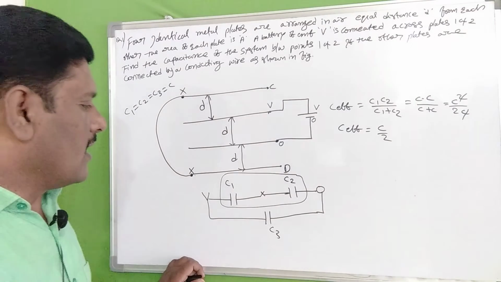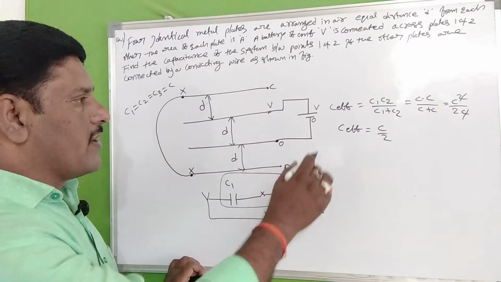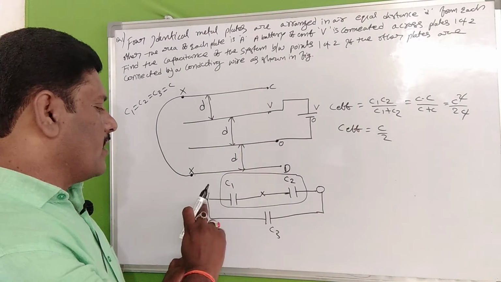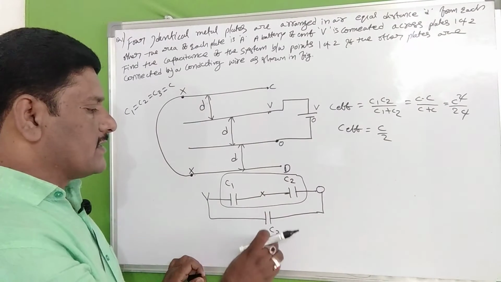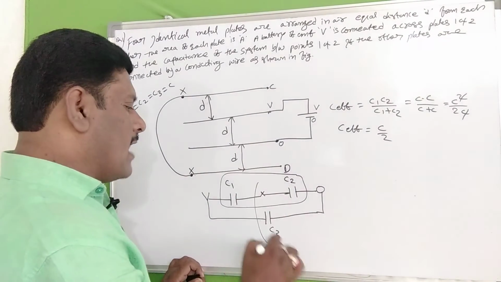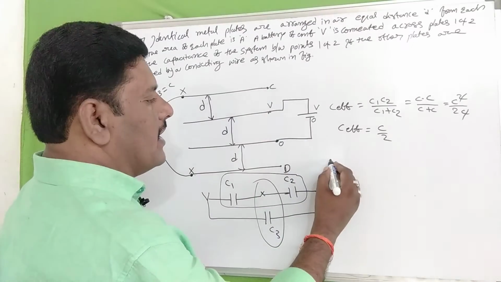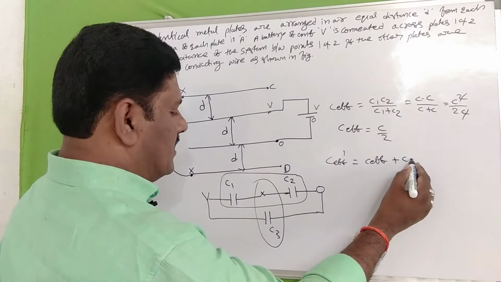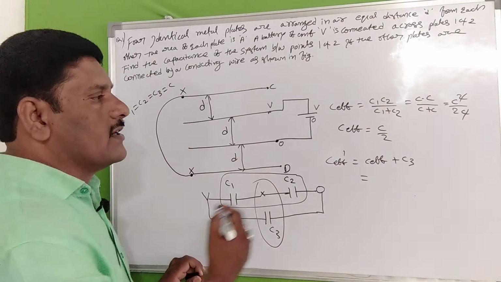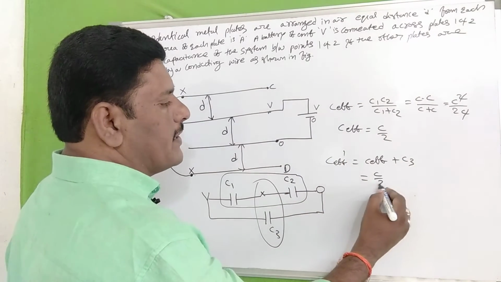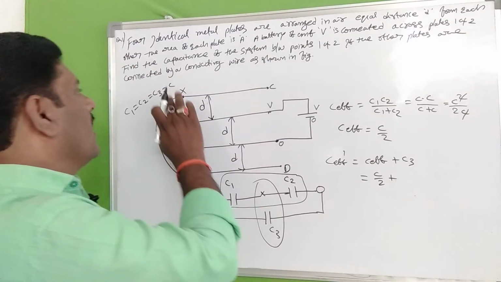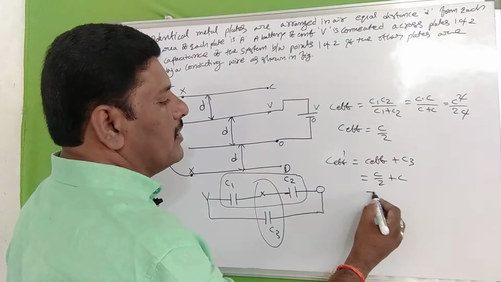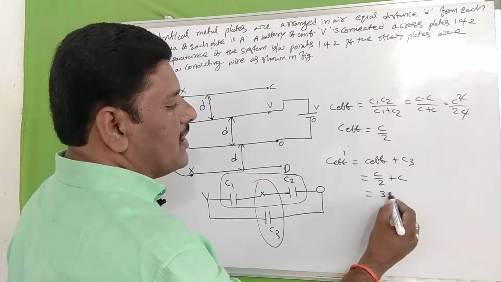Now this C effective between V and O and C3 are in parallel combination. So finally C effective dash equals C effective plus C3, which equals C by 2 plus C, since C1, C2, C3 are all C. Simplifying, C effective dash equals 3C by 2.